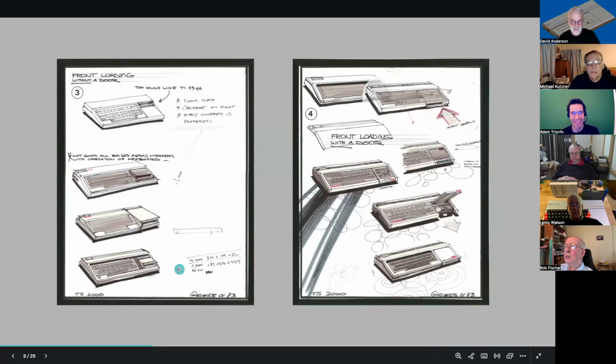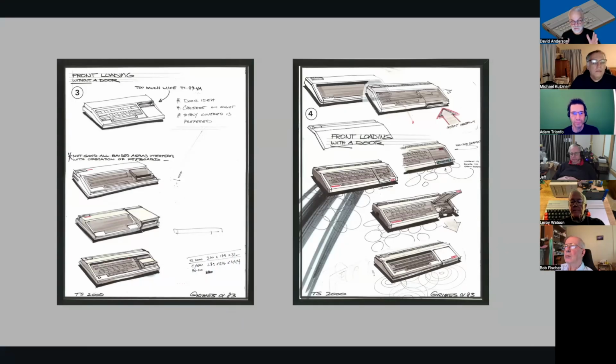You can't see it really well down here in the lower right-hand corner, but it gives the overall dimensions of the 2000 in millimeters, 310 by 185 by 31, and then compares it to this early laptop that Epson brought out called the HX20.